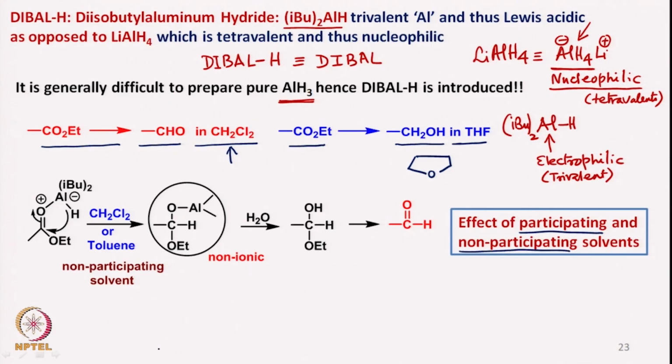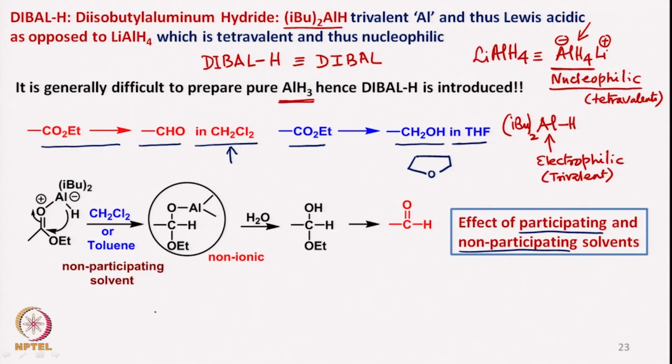For example, when the reaction of an ester is carried out with diisobutylaluminum hydride in dichloromethane or toluene, these solvents are basically non-participating solvents. That is, they do not have any interaction with any of the electrophilic species present during the reaction.